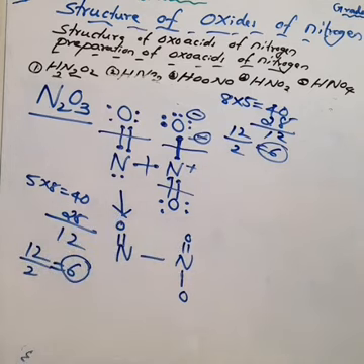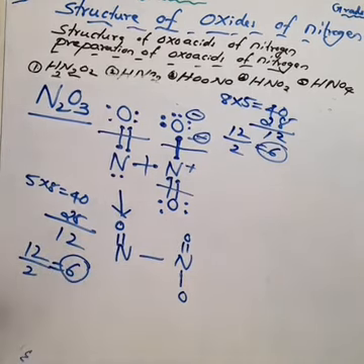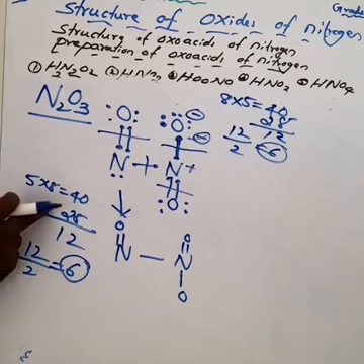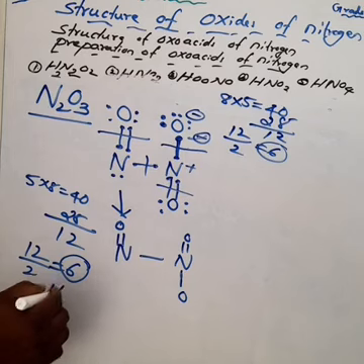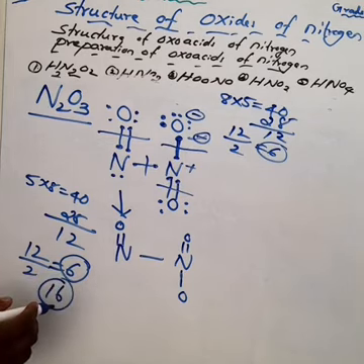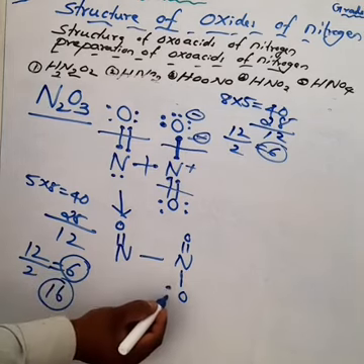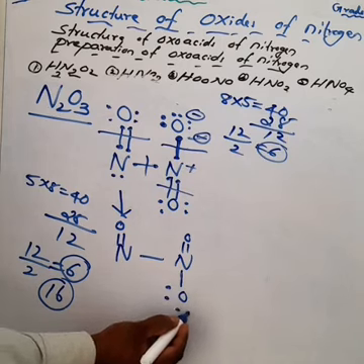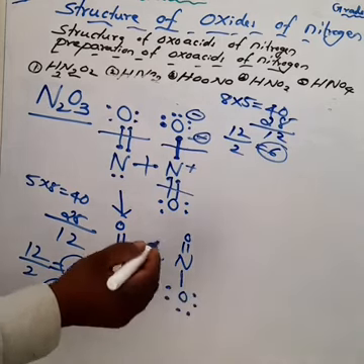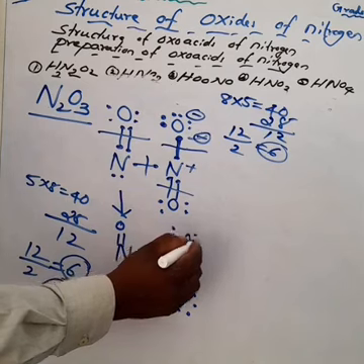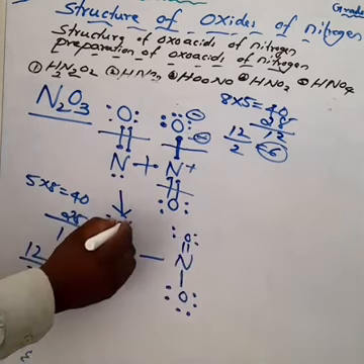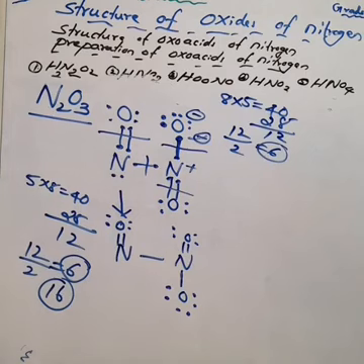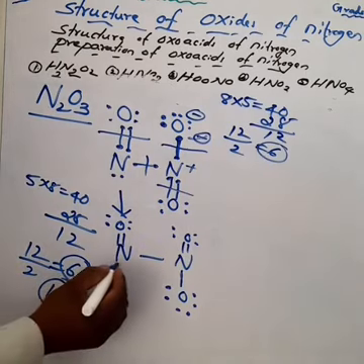Then about the single bond: don't forget, out of 28, minus 12, 16 is remaining. For a single bond, 6 electrons we can give, so 6 here, and 2 more means 8 electrons is over. A double bond means 4 electrons. Here also a double bond means 4 electrons. Here 2 more remain that we can give to the nitrogen.